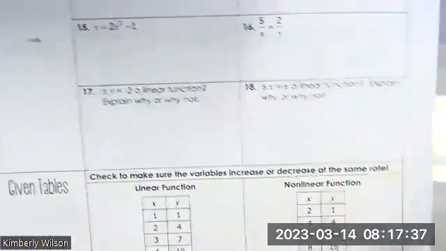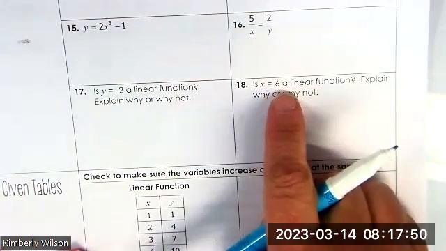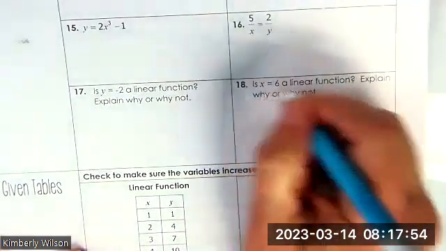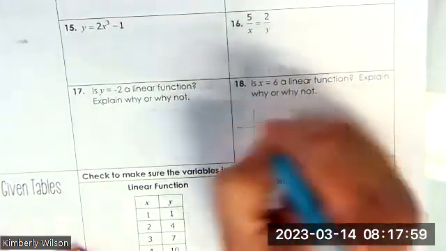Looking at number 18. We're asking if it's a linear function and to explain why or why not. Is x equals 6 a linear function? Well, if I think about it, what does that graph look like?